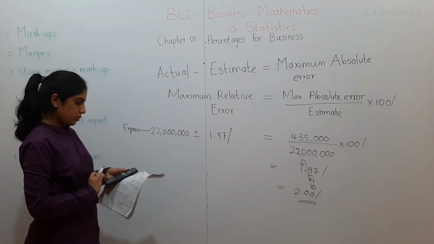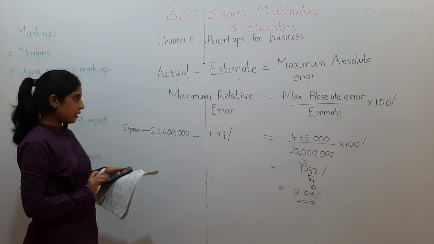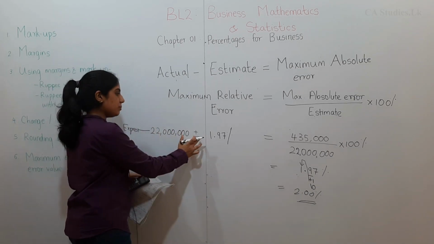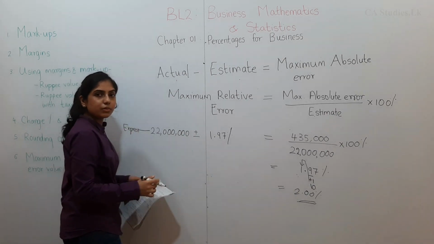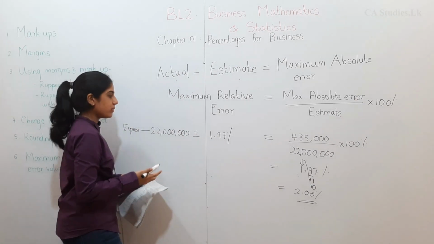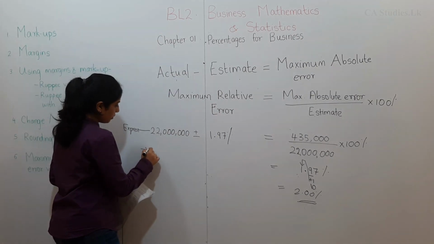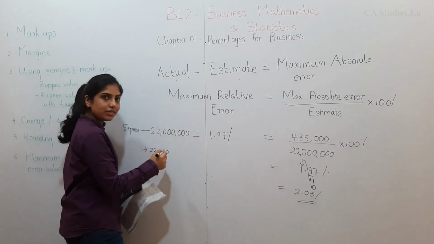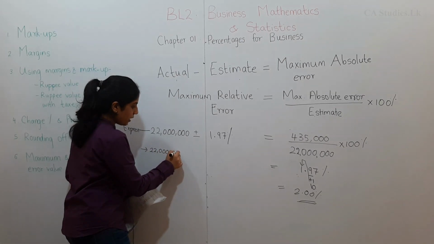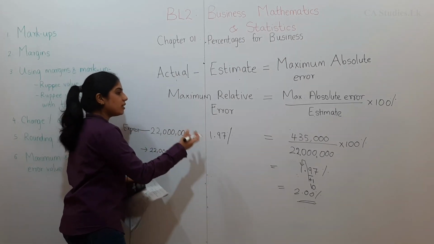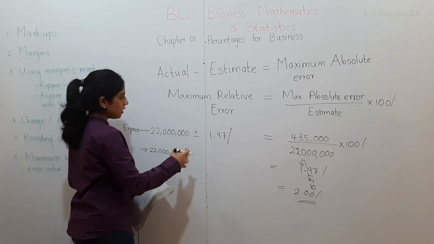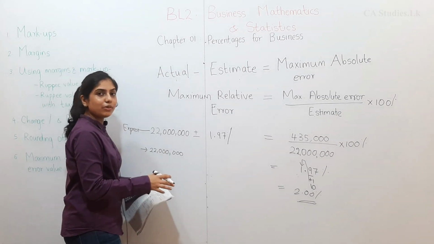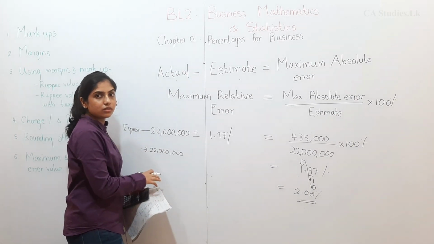So it is 22 million, now let's calculate and see 22 million minus 1.97%, how it looks. As we learnt in markups and margins, the way we calculated 100 plus 5 percentage, how we did the percentage change, the same way we have to follow here also.